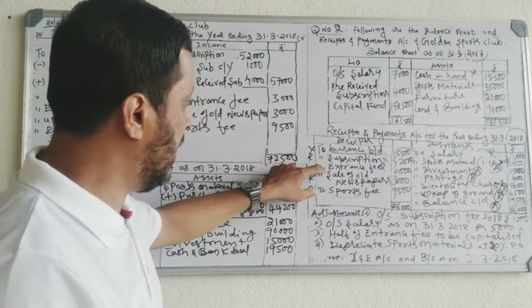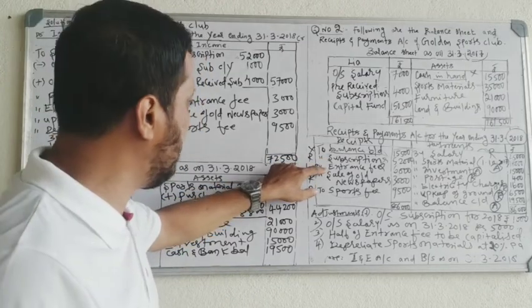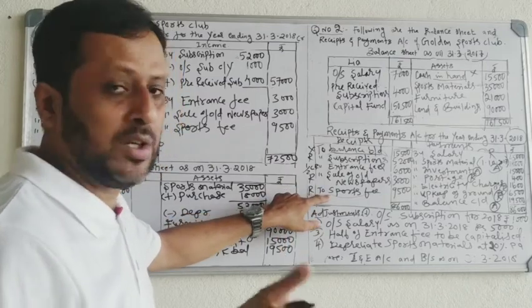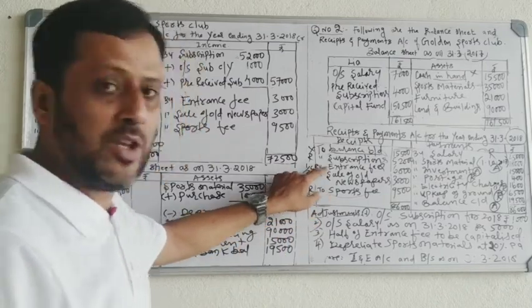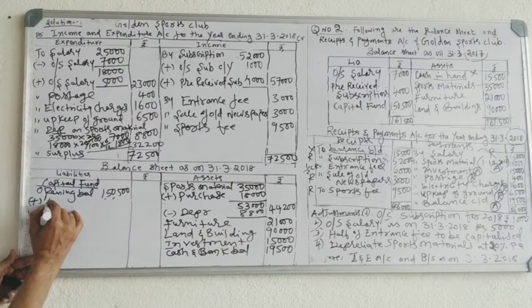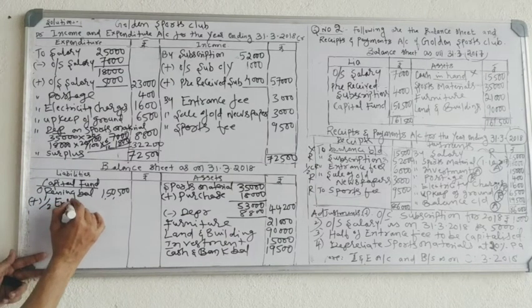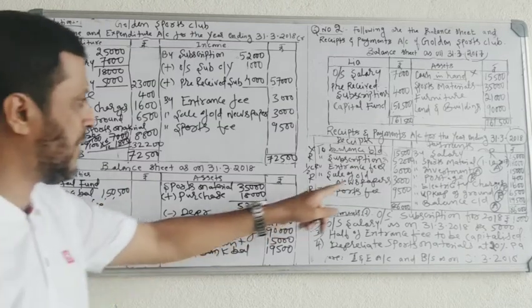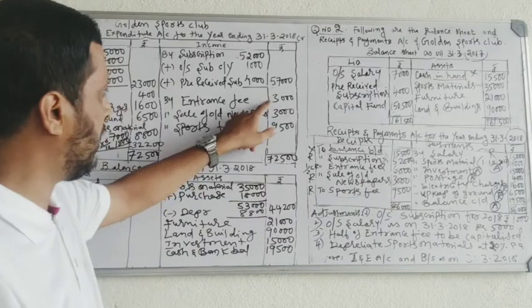Subscription revenue, entrance fees half capital half revenue, sale of old newspaper revenue, sports fee revenue. Only one capital receipt is there, half entrance fee. That half entrance fee you have to add here. Total entrance fee is 6,000. 3,000 you have taken here.